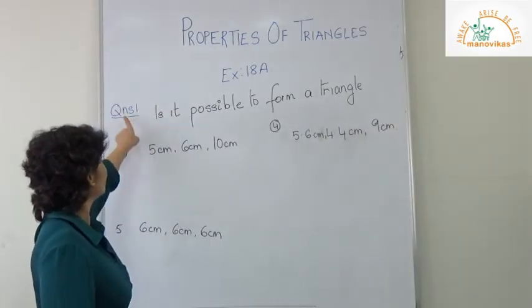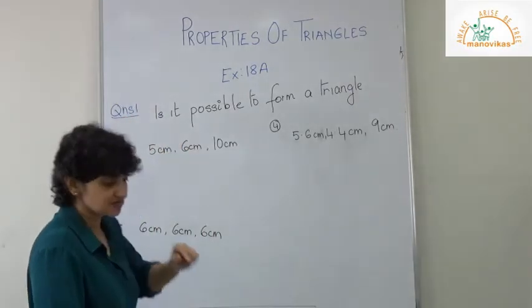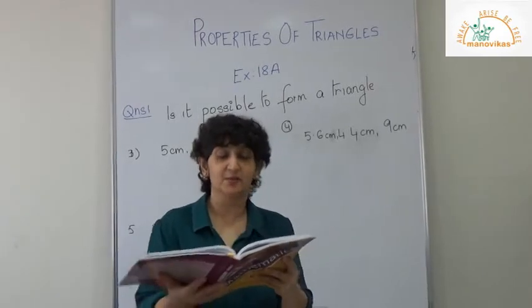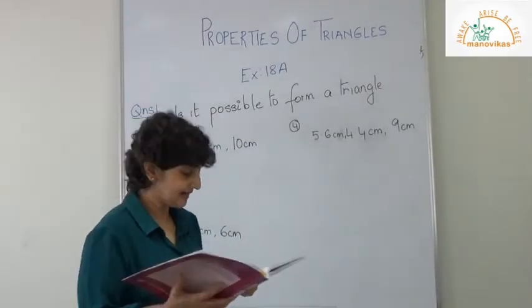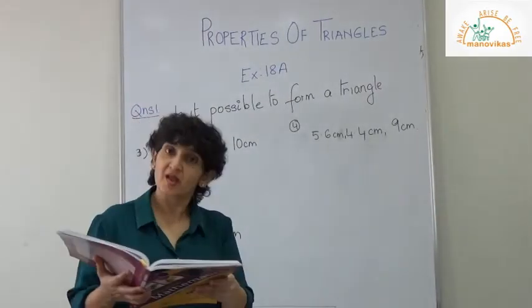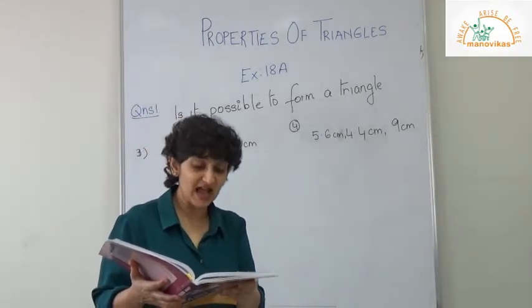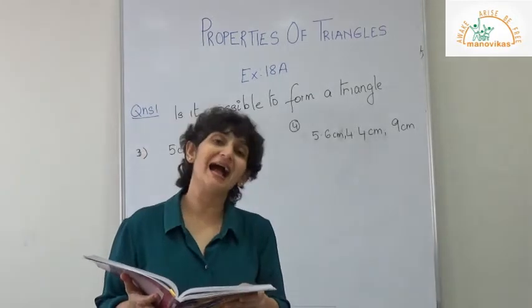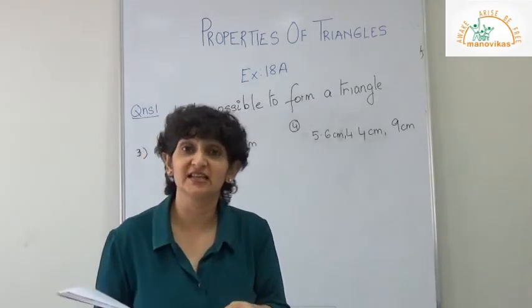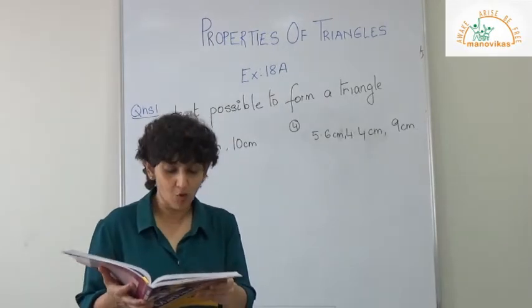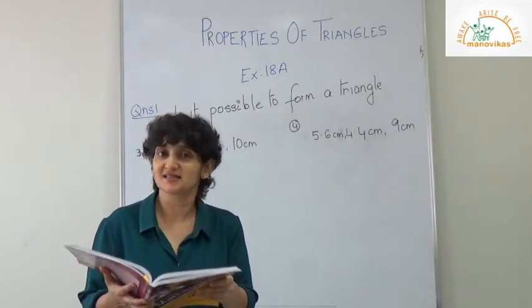Alright, so now let's read question 1. Is it possible to form a triangle by 3 line segments of the following length? Question 1, the first one, is 8 centimeter, 6 and 15. Now when I add 8 plus 6, it gives me 14. Now 14 is not more than the third side.